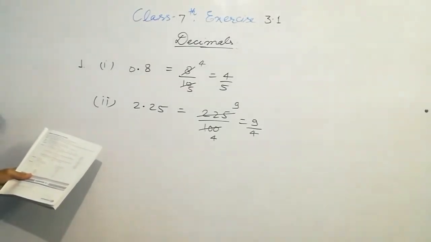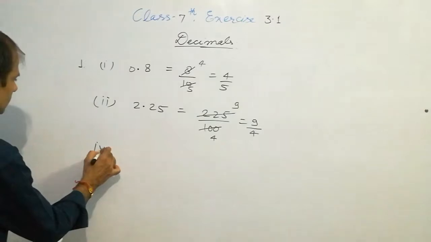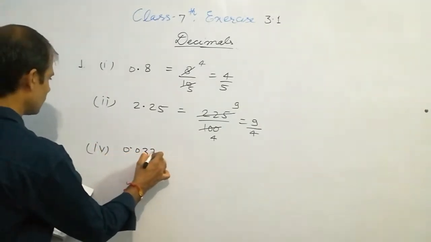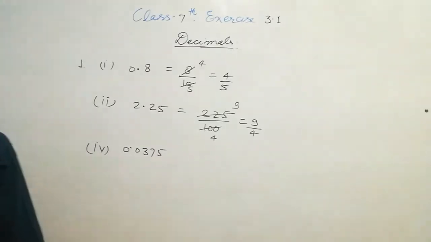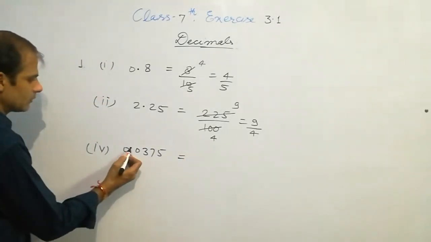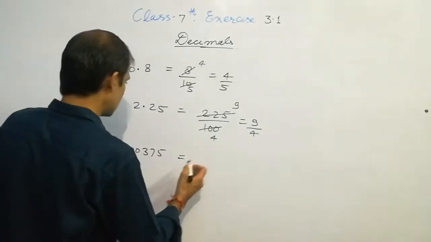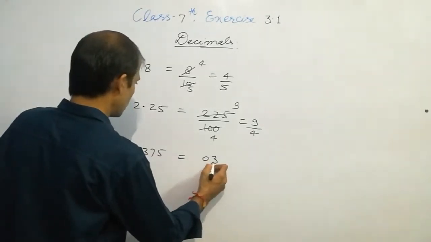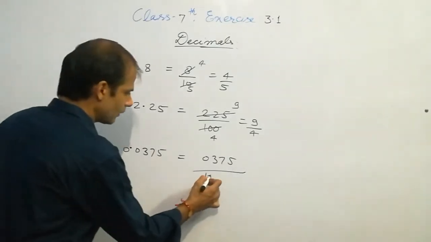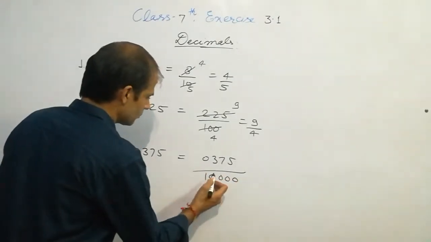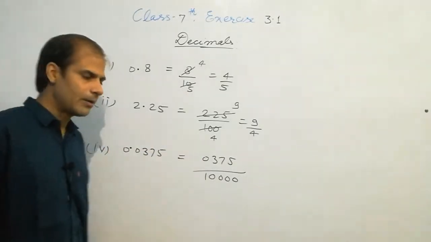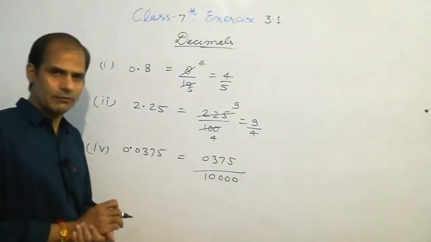Next is the fourth part. Okay, it is 0.0375. Again there are 4 digits to the right of this decimal place, so we have to write 0375 upon, there are 4 digits, so we write 4 zeros with 1, it is 10,000. Now divide this number by 5 or 25.